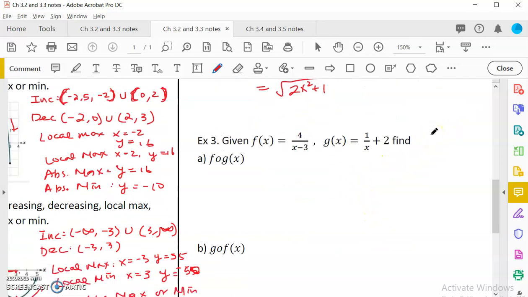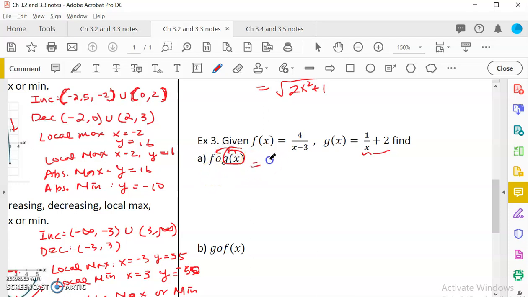Next one is more complicated. We have a fraction. So I'm going to do this because we want to know how to handle a complex fraction. Again, I have f of g, that means x goes to g first, which is just the g formula. This is g of x. And I'm going to take the whole g of x and put it into f.